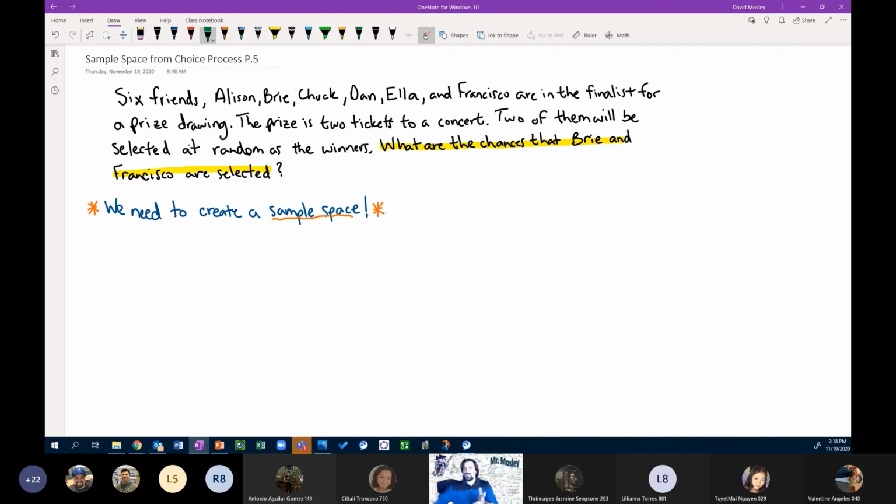It could be 3 things out of a set of 7 or 2 things out of a set of 4. It doesn't work the same as a two-way table or a Venn diagram. We have to create the sample space. So we're going to look at this context here.